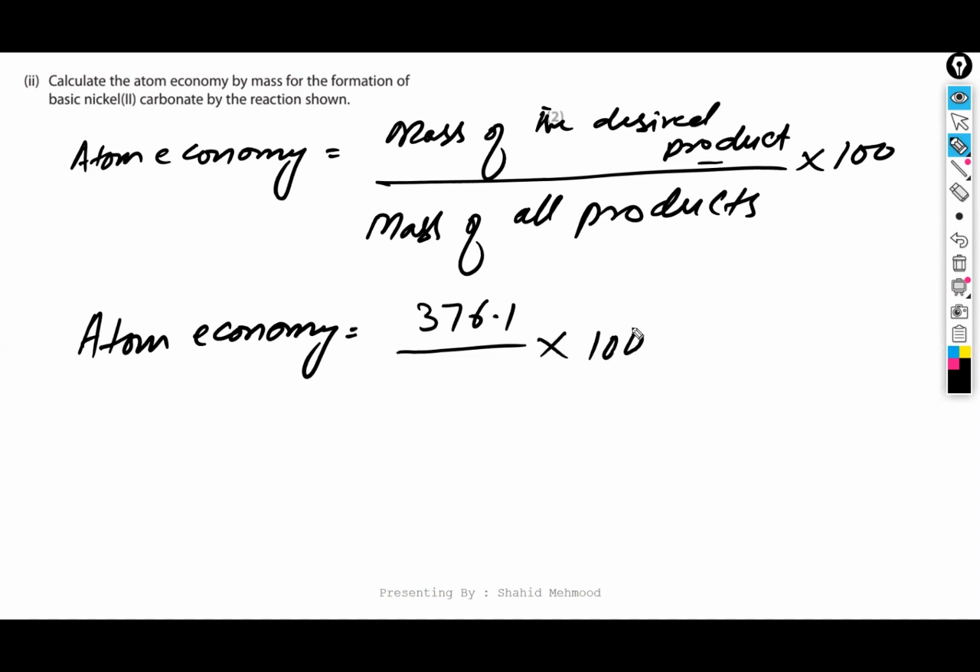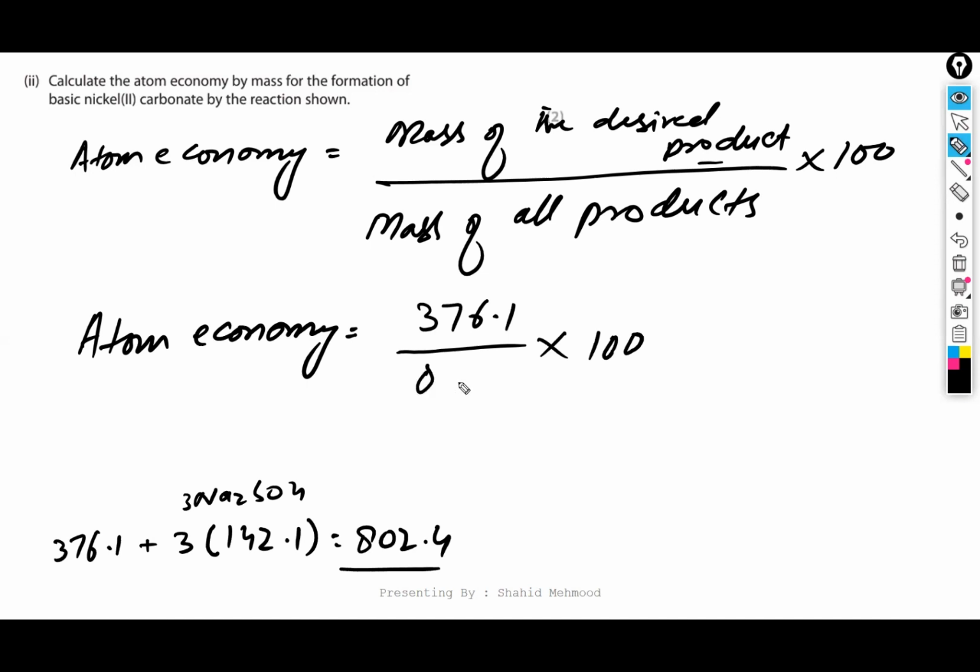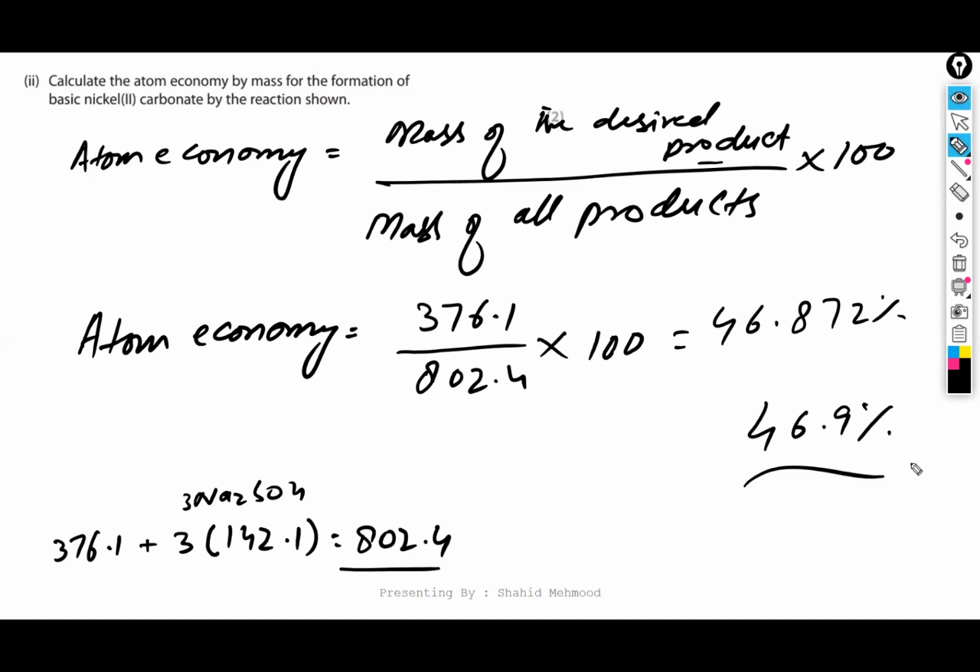But now to get the total product, there were 3 formula units of sodium sulfate also. When you calculate that also, I can write here for you. 376.1 is the mass of the basic nickel 2 carbonate, while there was 3Na2SO4. So 3 times 142.1, the total mass will be 802.4. So we write the mass of all products over here, and the atom economy in this case is 46.872%, which we can round to this.